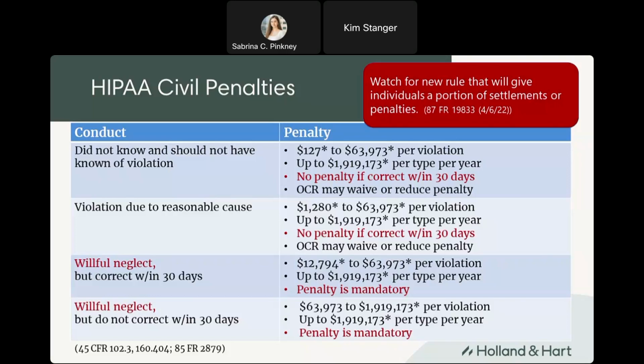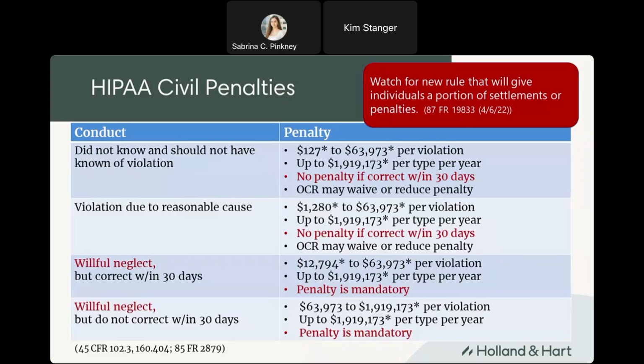The key thing to know about the HIPAA civil penalties is that it's a structure depending upon the degree of your conduct, your intent. The good news is if you don't act with willful neglect, you can avoid the HIPAA penalties so long as you correct the situation within 30 days. On the other hand, if you act with willful neglect, then it's a mandatory fine. If you correct it within 30 days, the mandatory fine is about $13,000 up to $64,000 per violation.